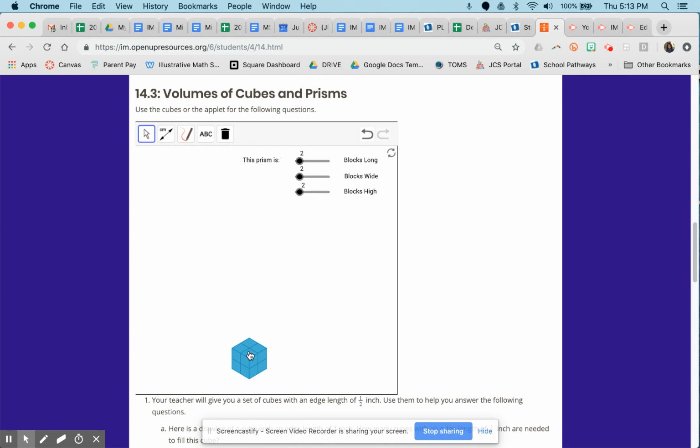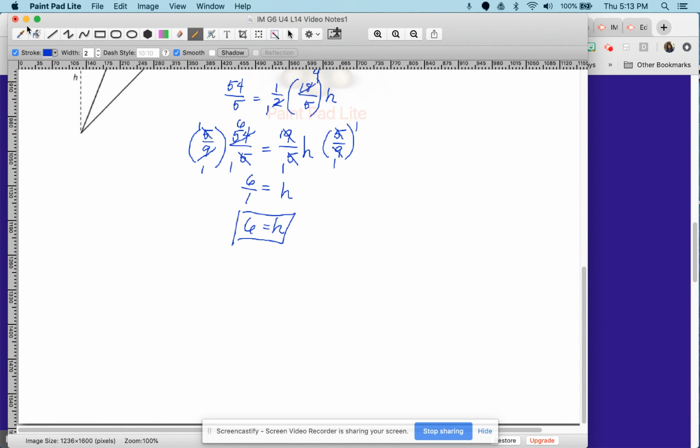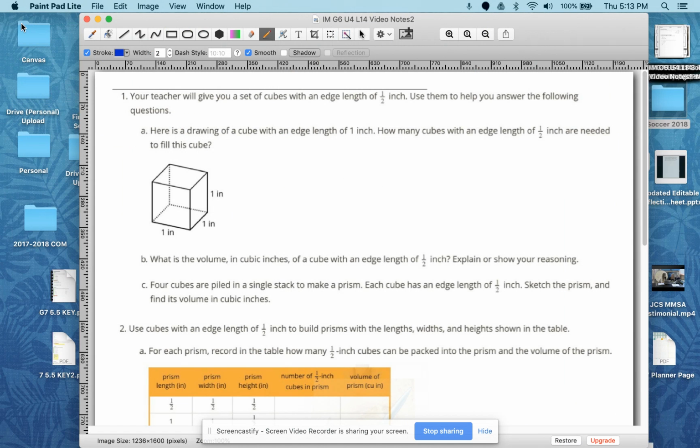So the answer to question A would be 8 cubes. Well, whoops, that's the wrong one. Let's see, where is it? Here it is. So the answer to this one is 8 cubes. 8 1/2 inch cubes will fill up that entire 1 inch cube block.